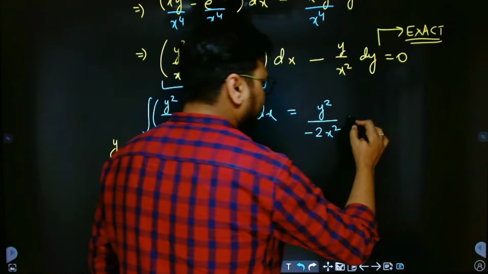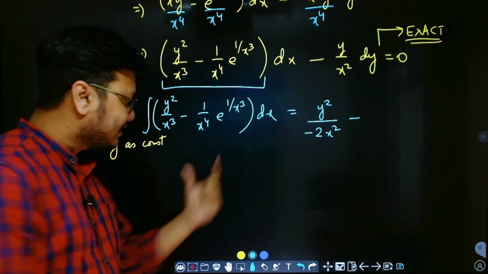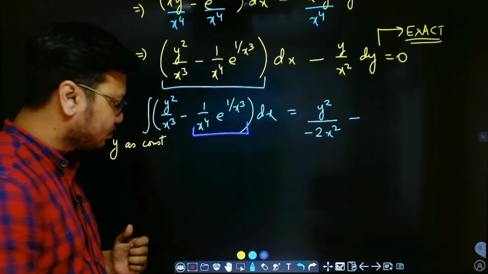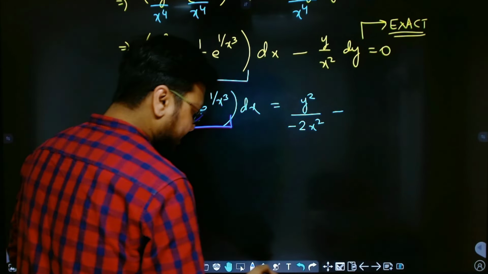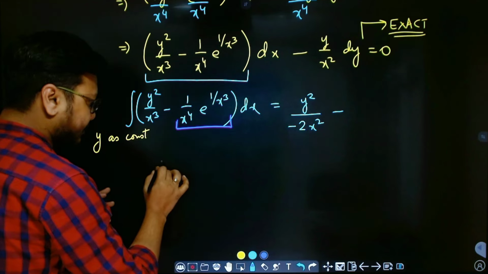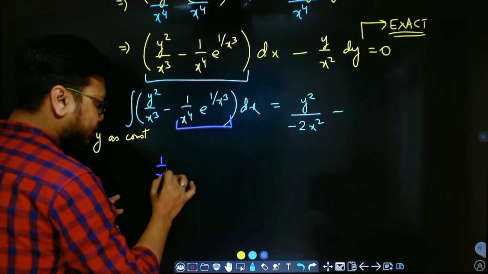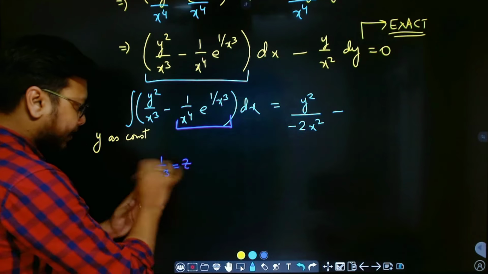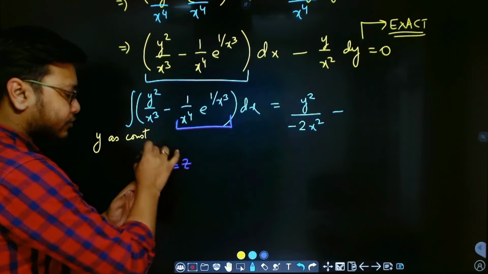And then for the next part, for this portion, I have to do some substitution to do this integration. So I'll do the substitution here. Let's say I'm taking 1 by x cube as z, right? If I do a derivative on both sides, this is x to the power minus 3.